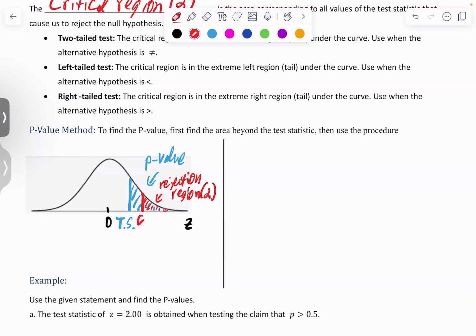And this is the critical value. Now, in this case, I'm going to note that the p-value is definitely bigger than, meaning the blue area is more than the red area, the rejection region, which is, of course, our alpha.